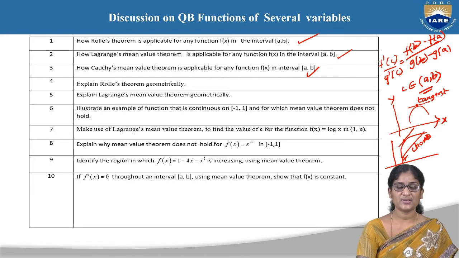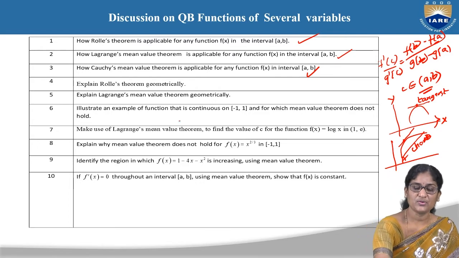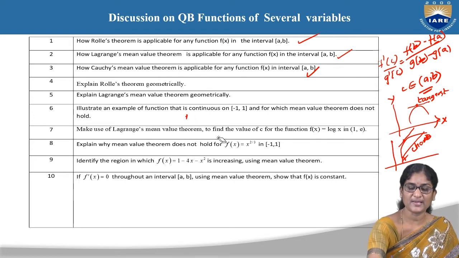Next, sixth question: illustrate an example of a function that is continuous on the closed interval -1, 1 for which the mean value theorem does not hold. We take an example here, that is mod of x.